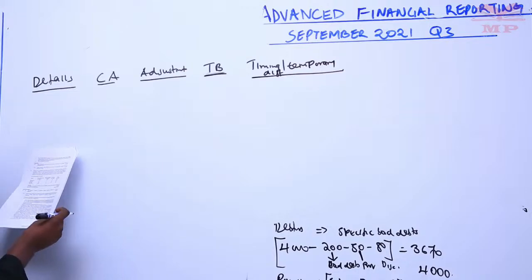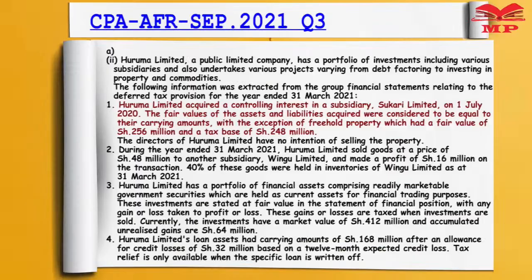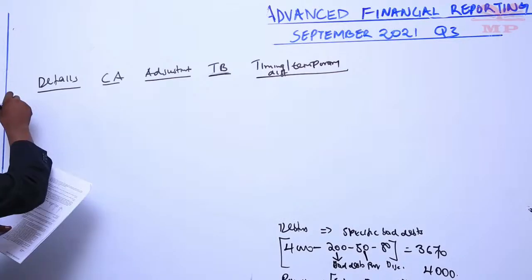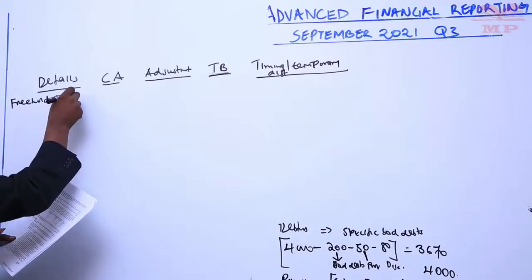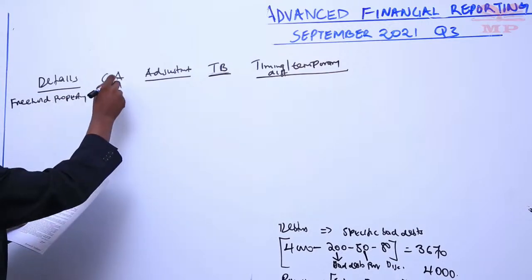Now the first one is Huruma Limited acquired a controlling interest in a subsidiary, Sukari Limited, on 1st July 2020. The fair values of the assets and liabilities acquired were considered to be equal to their carrying amounts, with the exception of freehold property, which had a fair value of 256 million, a tax base of 248. So freehold property, shillings in millions.